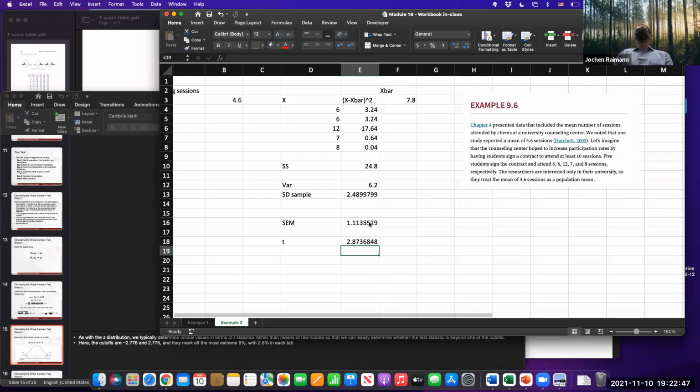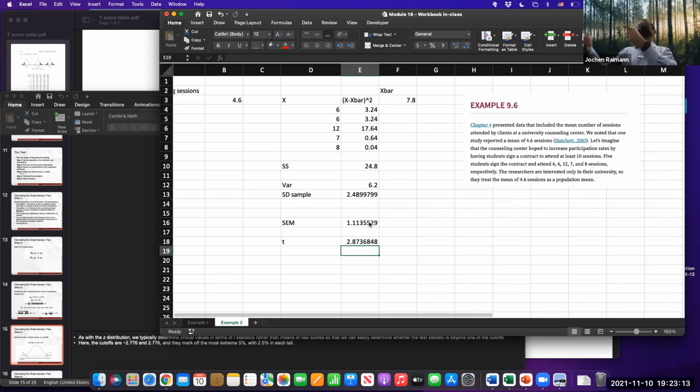If it falls within 95%. Yes, that's correct. And where would we find that? How do we find that out?